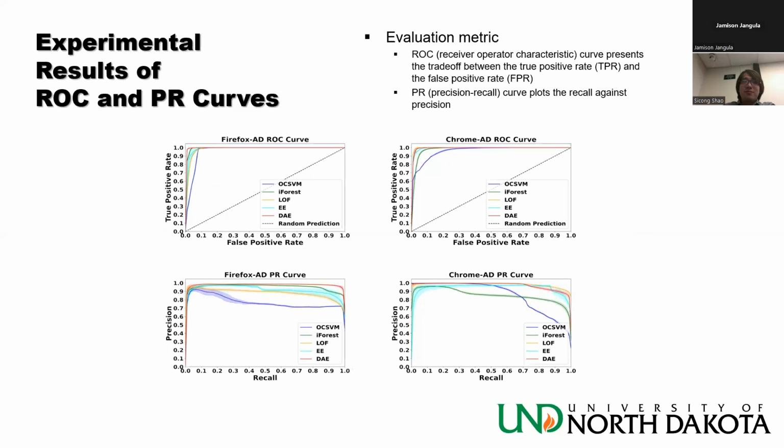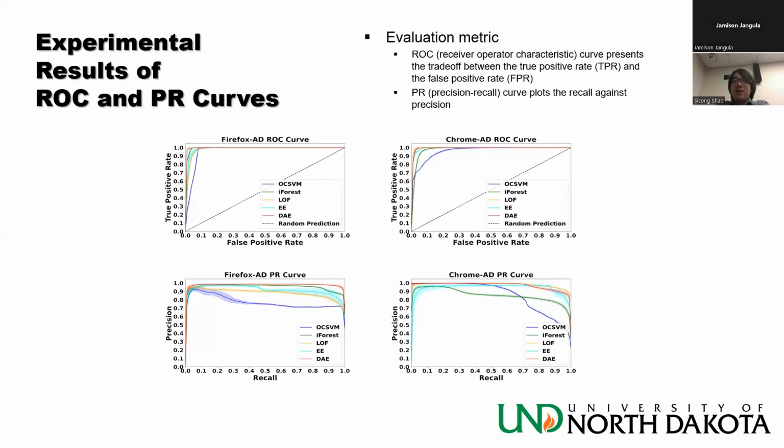Okay, and those figures present the visualization of the mean ROC curve and the mean precision recall curve for all the anomaly detection approaches on Firefox and Chrome. And the standard deviation information, as you can see, is also included in this curve.